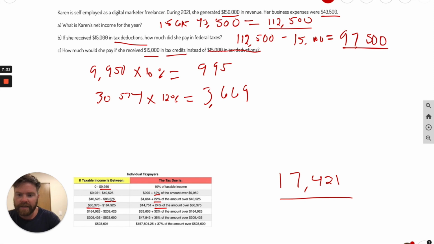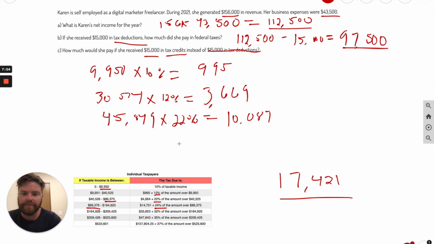And the next bracket, 86,375 minus 40,526. And we get 45,849 times the 22%. And we get 10,087. We round that up.